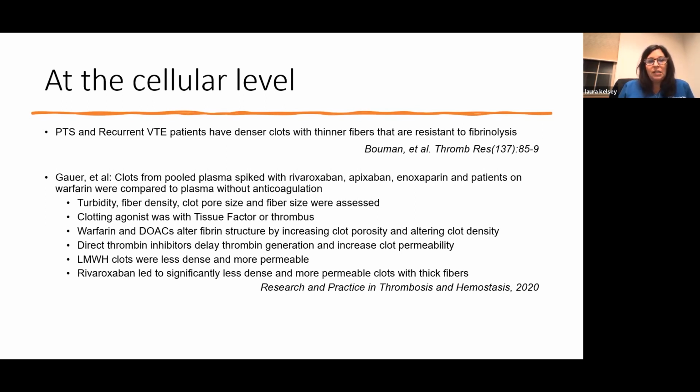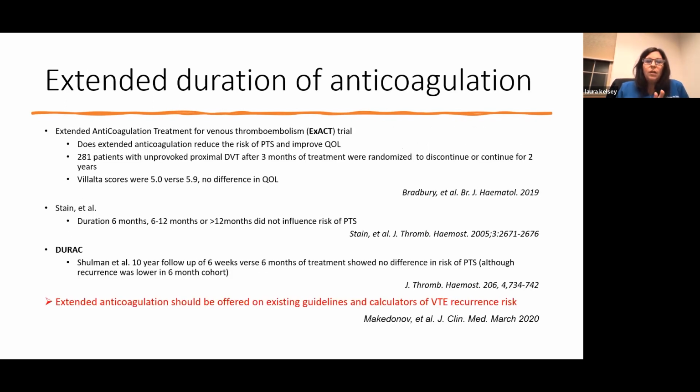So what will be exciting to see is from that GARFIELD trial where they look at all these patients that were on these DOACs, how does that improve the risk of post-thrombotic syndrome? If this is really happening at a cellular level and that first month is really significant, if we fix those problems with anticoagulation, hopefully that will translate into a reduced risk of post-thrombotic syndrome. Other studies looked at, well, maybe we should just keep them anticoagulated. Maybe that will help post-thrombotic syndrome.